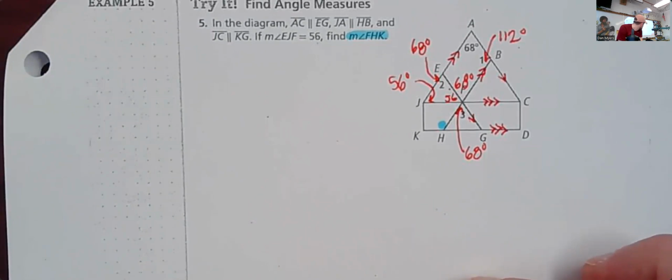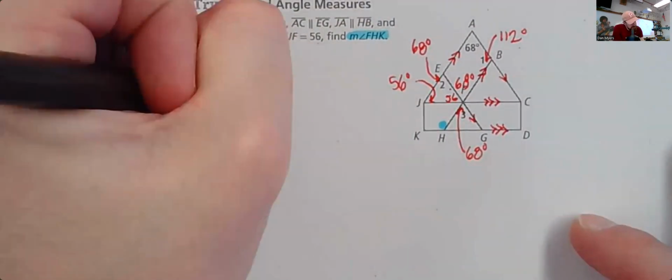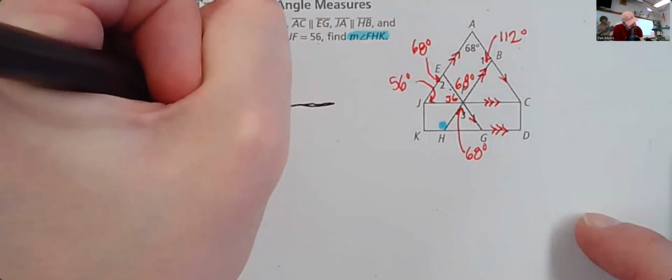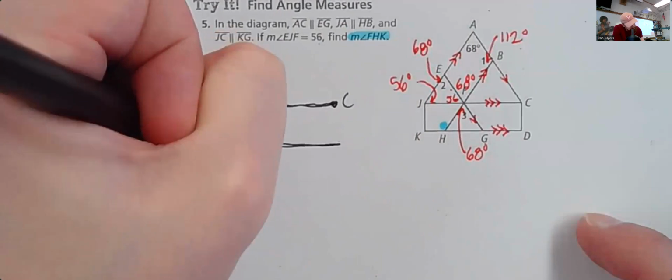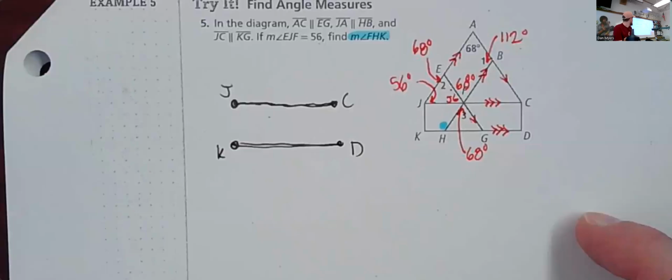A little closer. Something I want to show you off to the side here. You ready? If I were to draw from J to C, right here, here's J, here's C. And if I was to draw from K to D, right there, K and D, I'm just kind of taking those and drawing those like that.